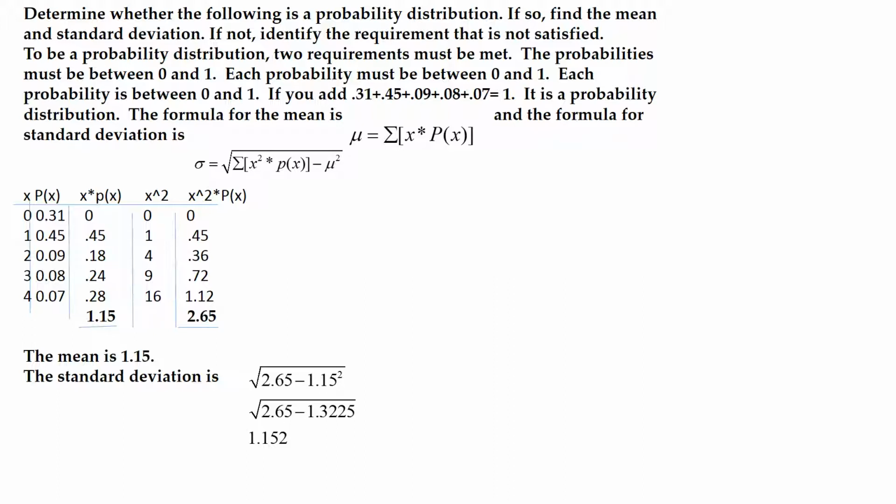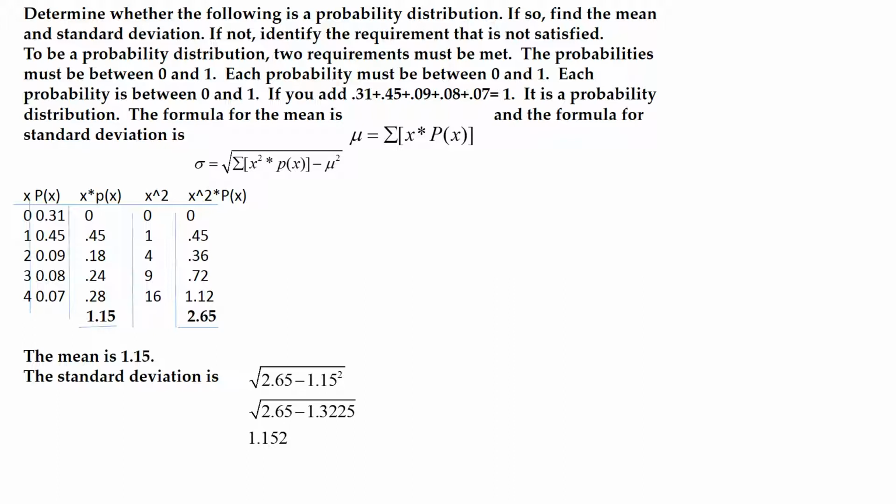The mean is 0 times 0.31 plus 1 times 0.45 plus 2 times 0.09 plus 3 times 0.08 plus 4 times 0.07. This gives you 0, 0.45, 0.18, 0.24, and 0.28. When you add the amounts, you get 1.15. The mean is 1.15.